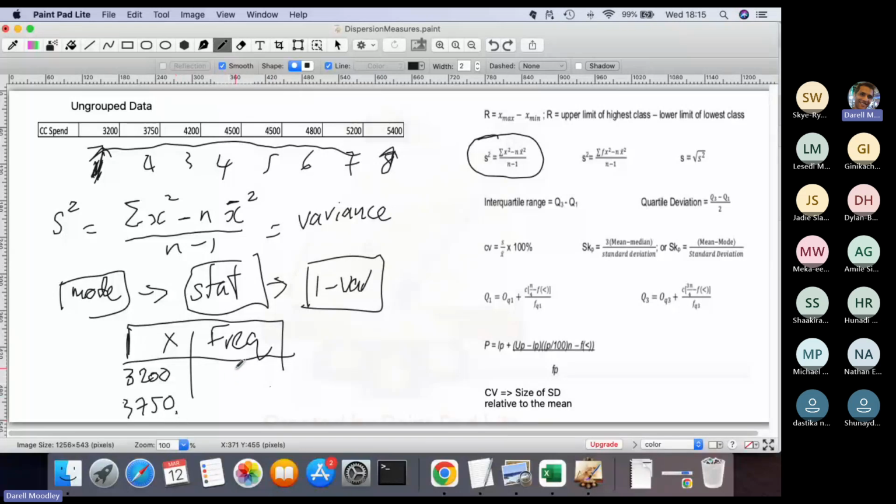Don't worry about the frequency column. It gets automatically populated as one, so we just ignore it. When it's ungrouped data like we're doing now, you can ignore the frequency column. Capture that now. I'll give you a minute. Then we're going to use the calculator to get our variance.